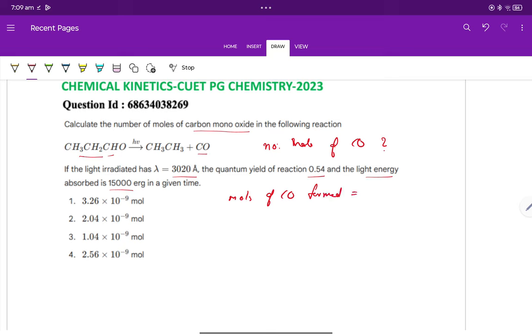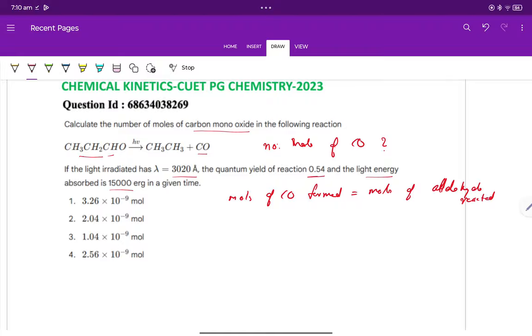formed is equal to moles of aldehyde reacted, right? So if we calculate the moles of aldehyde reacted, that will be the same. Now for the moles of aldehyde reacted, how to calculate that? You can calculate from the quantum yield.